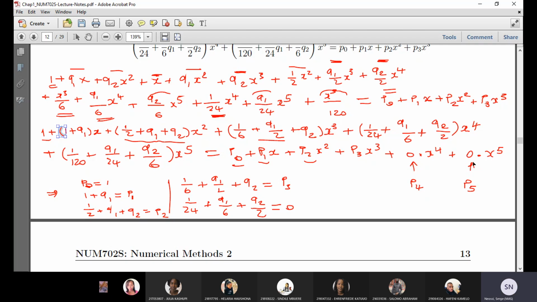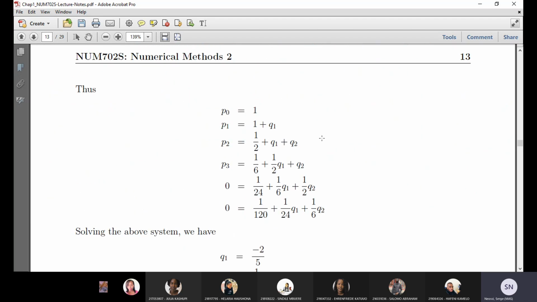And finally, the last one, the coefficient of X5, which is this one, we will equate 1 by 120 plus Q1 by 24 plus Q2 by 6 equal to 0. So that's exactly what we get here. You see.